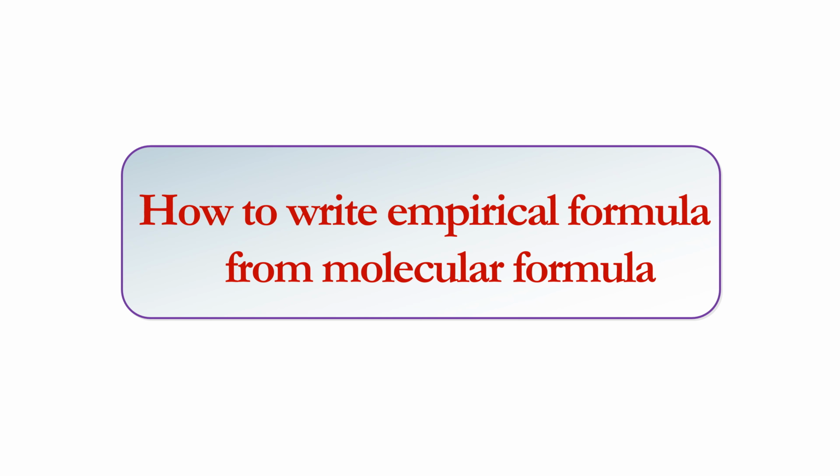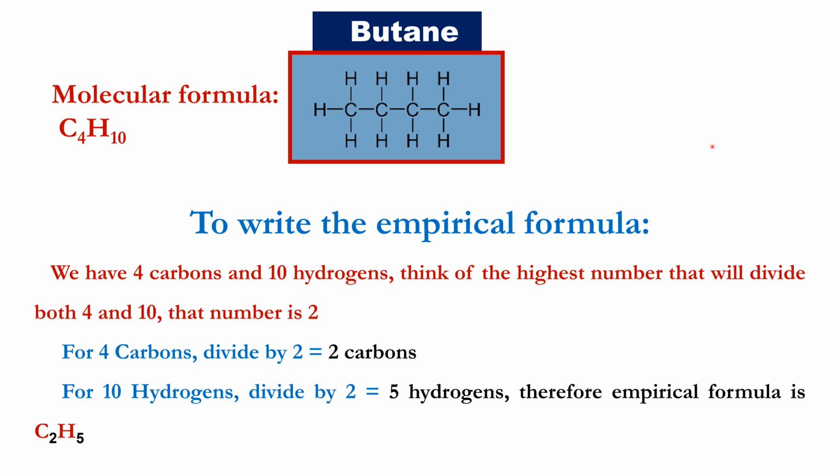It gives us the most reduced ratio of atoms in a compound. Let us look at this example. The molecular formula for butane is C4H10. This is the structure. You can see it has 4 carbons and 10 hydrogen atoms. So how do we write the empirical formula from this molecular formula?